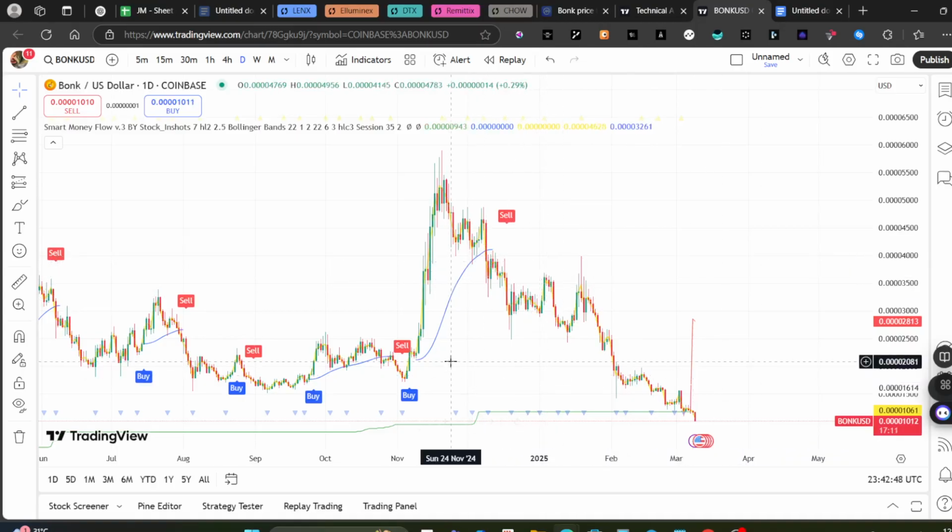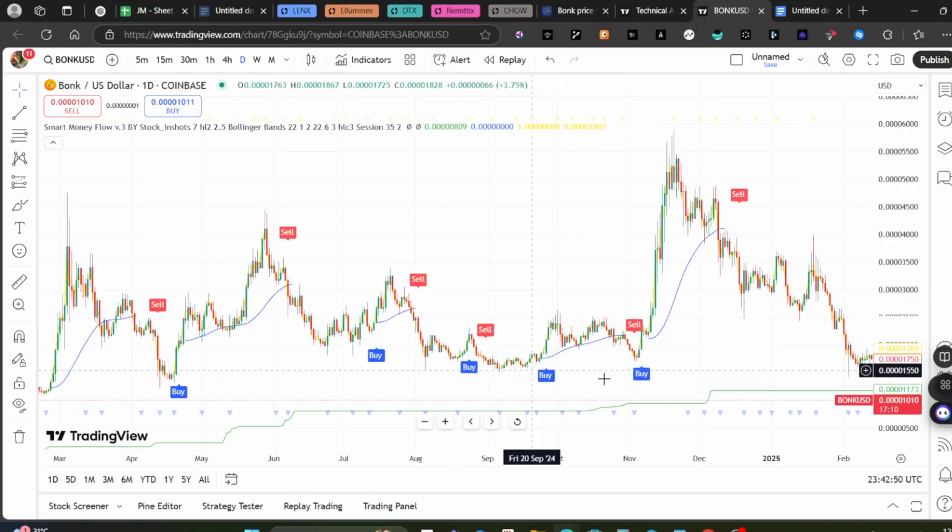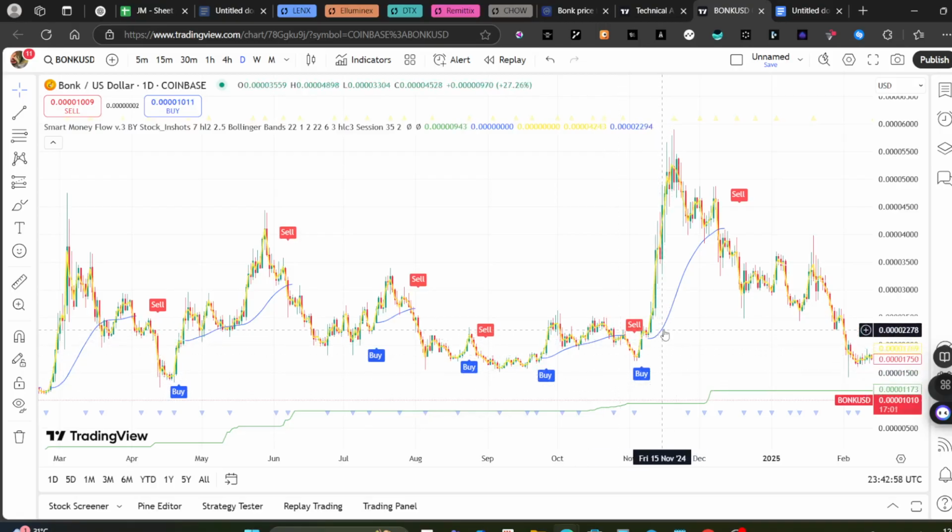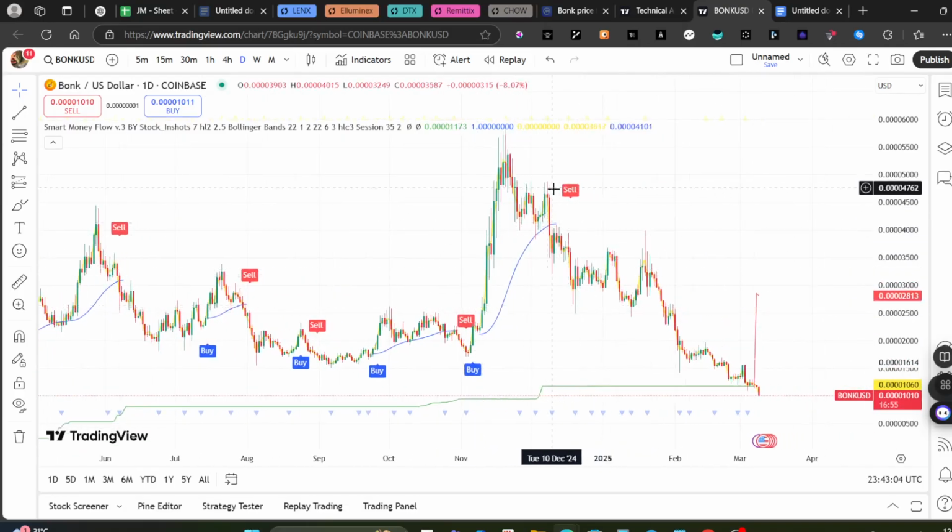Let's say you see a lot of buying activity from the smart money. If this buying flow is strong enough, it could signal a potential upward move in the market. On the flip side, if the smart money is moving out of the market or taking profits, it might signal a bearish reversal. This is why tracking this flow is crucial, okay, because it helps you stay ahead of the curve.